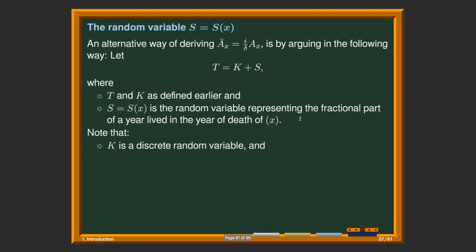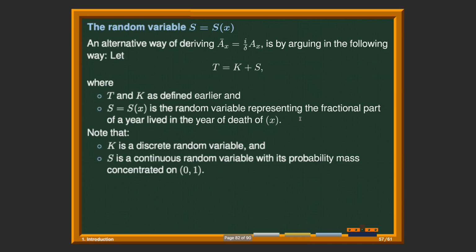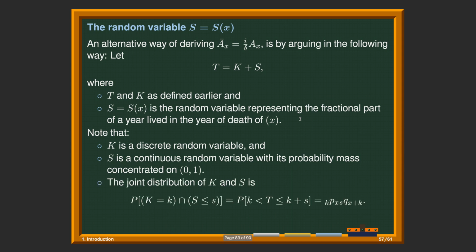Okay? We note the following, that K is discrete, but S is continuous, right? With its probability mass concentrated on the interval from 0 to 1. Okay? And so, if we look at the joint distribution of K and S, we can have the following. The probability that K is equal to small k intersection S is less than or equal to small s, that would be the same as the probability that T is greater than k and less than or equal to k plus s.